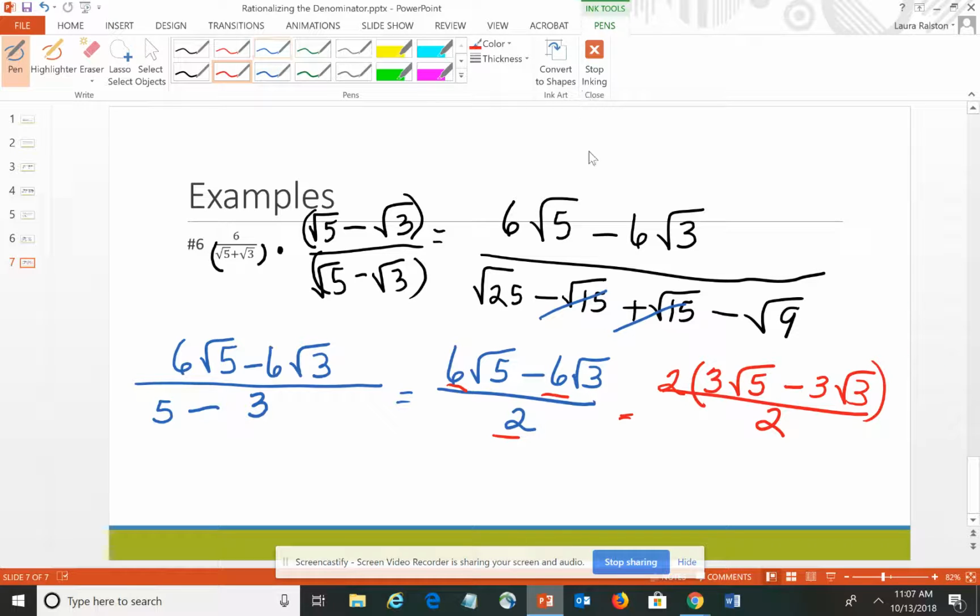And then finally, because I have a 2 in the numerator and a 2 in the denominator, they will divide out. And I'm left with 3 square root 5 minus 3 square root 3. Again, you got to make sure you get rid of the radicals in the denominator, but also simplify the fraction in the end. I hope this helps you as you try to learn how to rationalize the denominator.